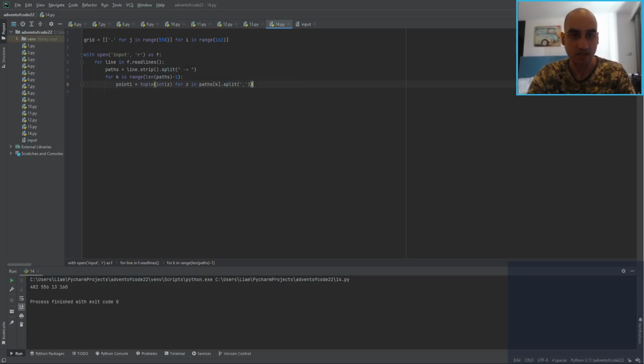So that's just extracting p1, and p2 will be the next one along in the path, so k plus 1. We finish with the last two. Okay, so that's p1 and p2.